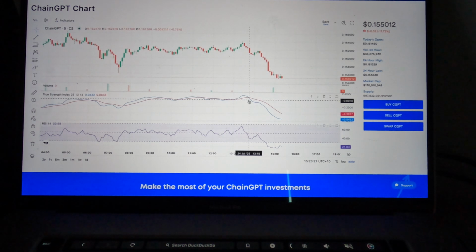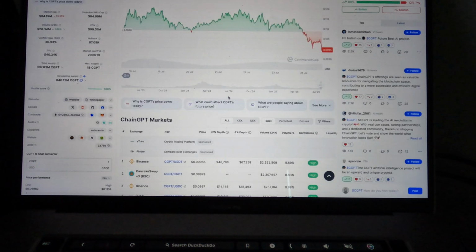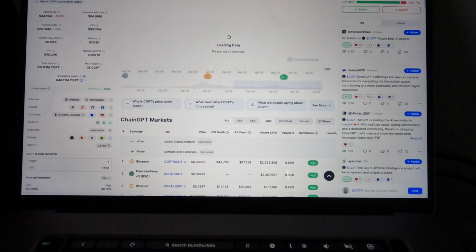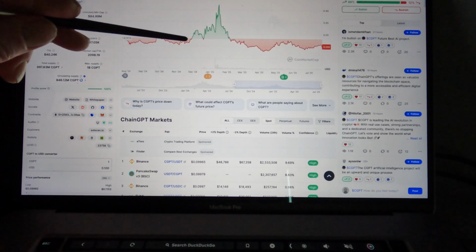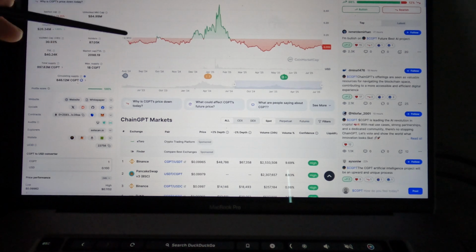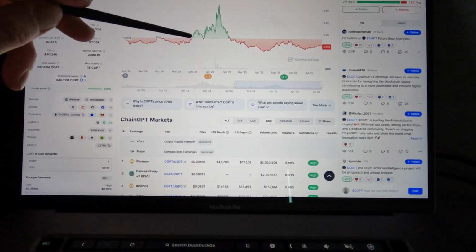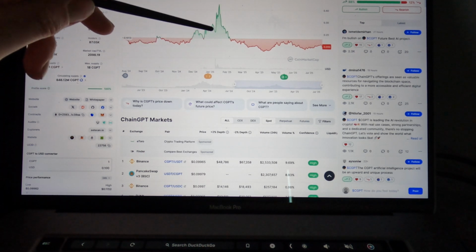I was kicking myself when I went back to look. Here we go, it decides to wake up. So I had Change GPT around here, and I watched this spike.